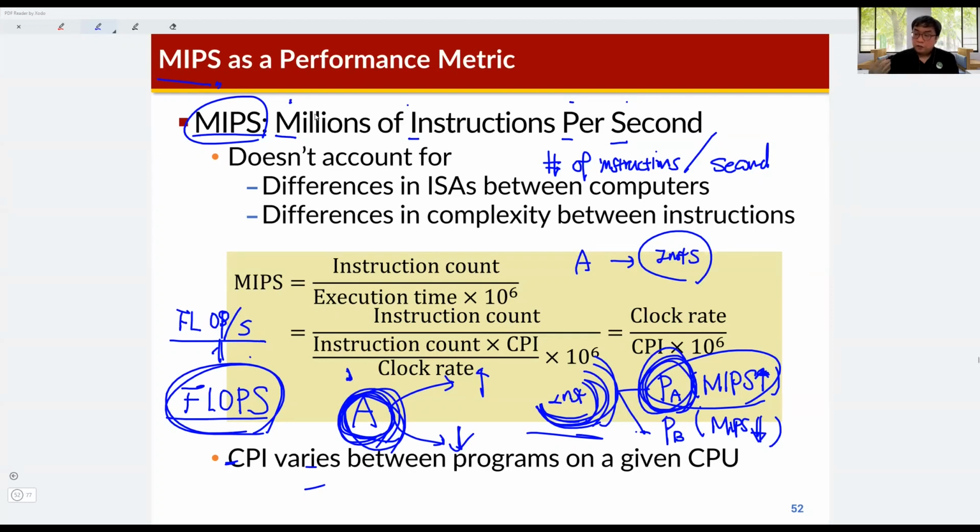But in order to use MIPS as the performance metric, some conditions should be met. This condition is the same instruction count. If the same instruction count is generated from the application, we can use MIPS as the performance metric. And if not, we cannot use MIPS as the performance metric.